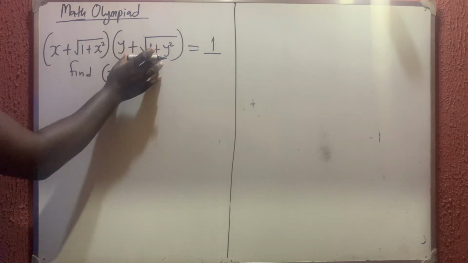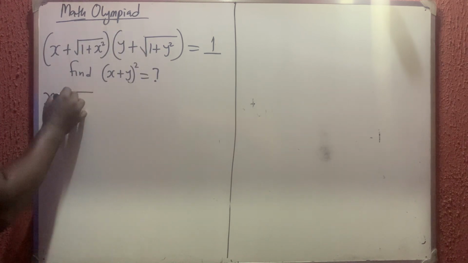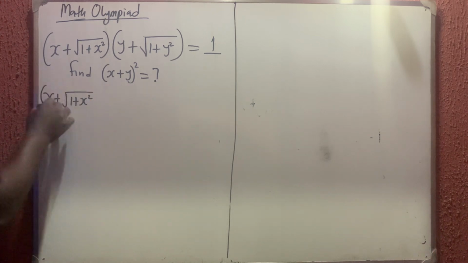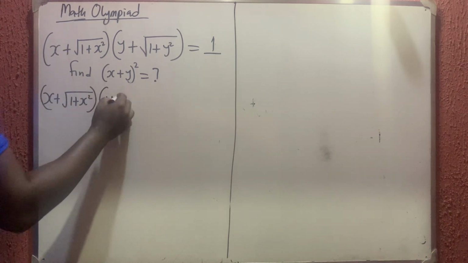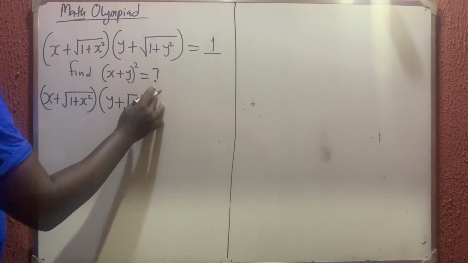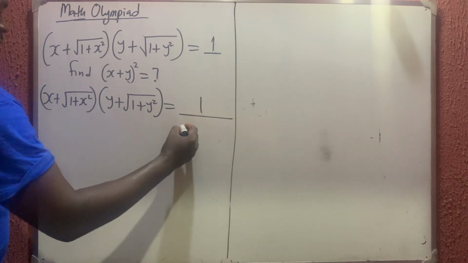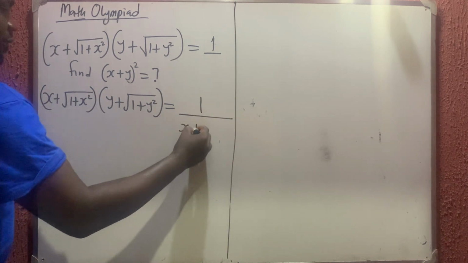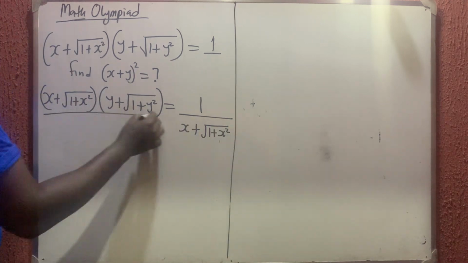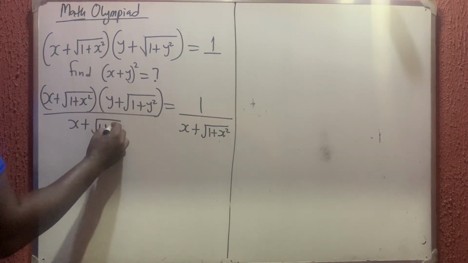I want to make this one the subject of the formula, so I'm going to have (x + √(1 + x²)) multiplied by (y + √(1 + y²)) is equal to 1 divided by (x + √(1 + x²)) divided by (x + √(1 + x²)).